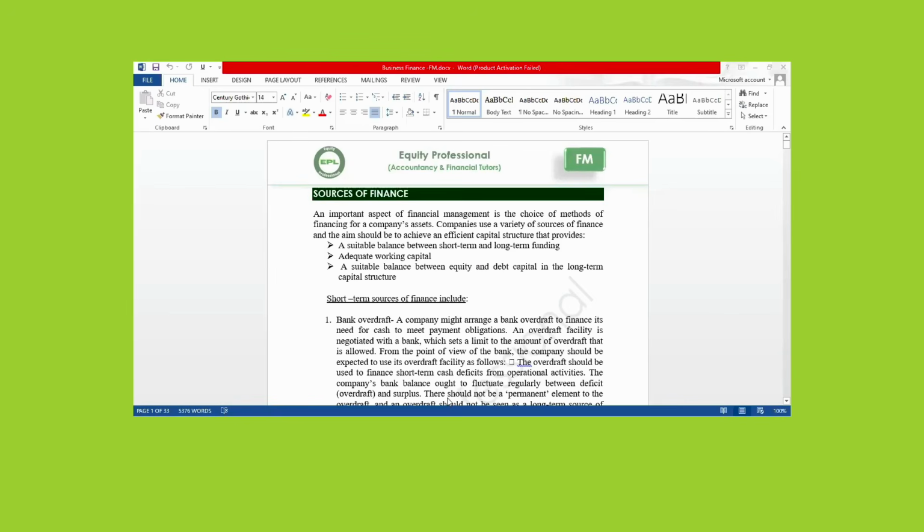If you look at the definition of financial management at my first class, we defined financial management as an integral part of management, a major part of a company's management that is concerned with how companies raise finance, and how companies utilize finance, so as to meet the objective of a business entity.